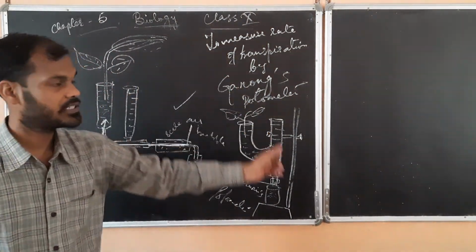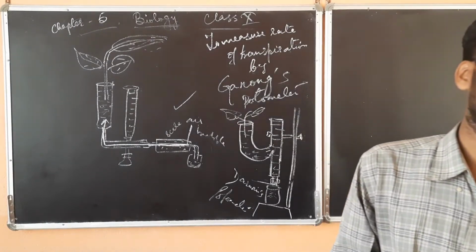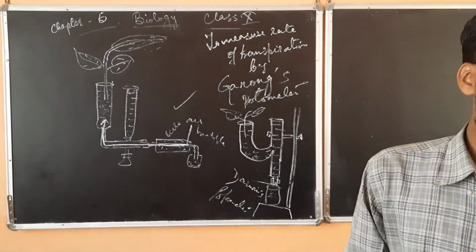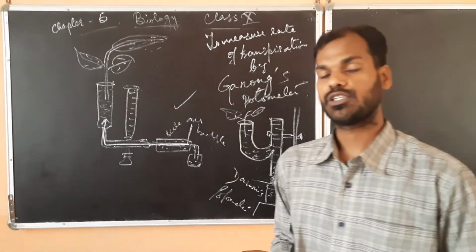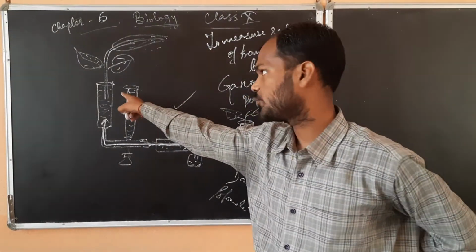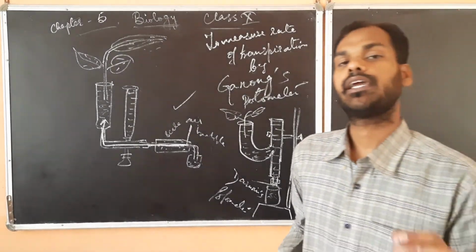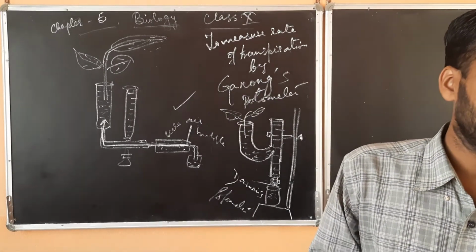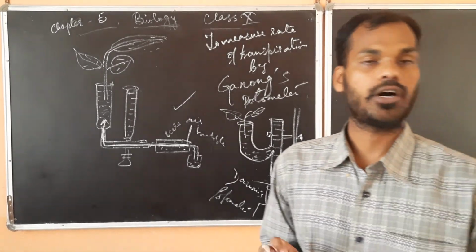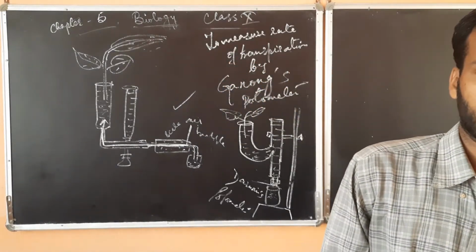Also, the twigs should be cut under water so that no air goes into the xylem. While cutting the twig, it should be cut under water so that no air can go inside the xylem vessels, which might stop or harm the absorption of water.